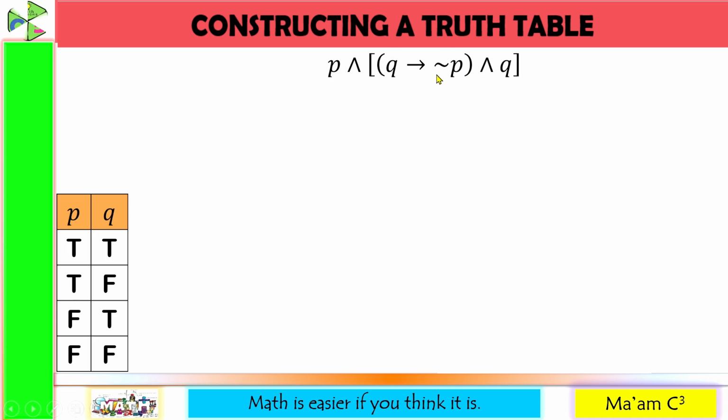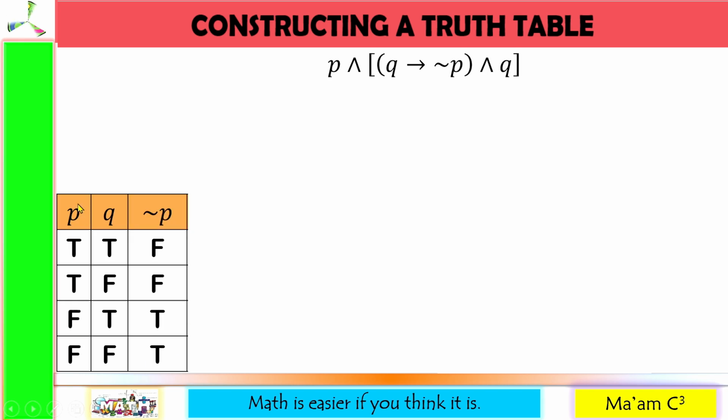So we have to determine first not P. So we're going to add a column for not P, the negation of P. And we already know that. We just have to negate proposition P. The negation of true is false, so this is also false. The negation of false is true, so this is also true.